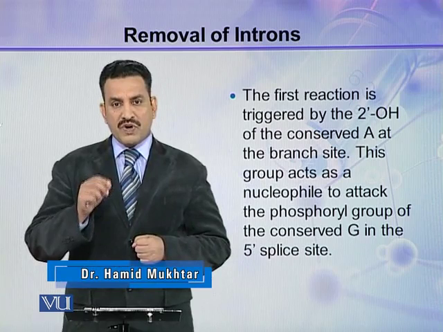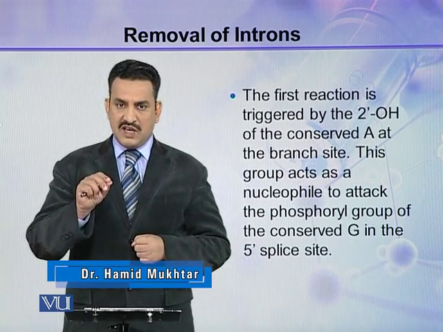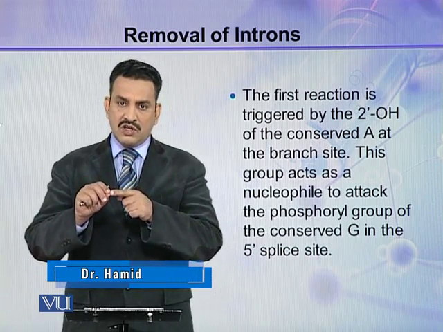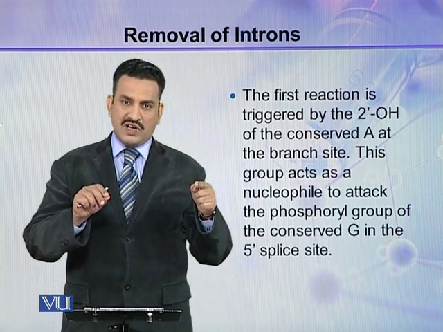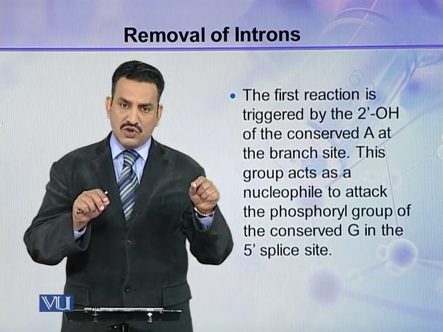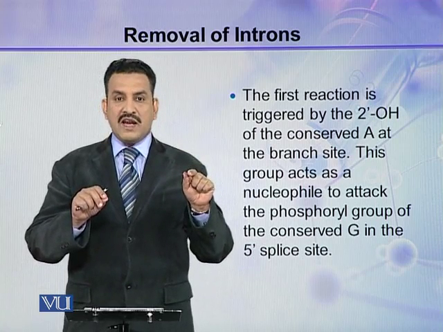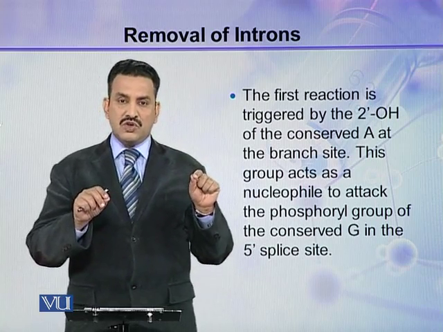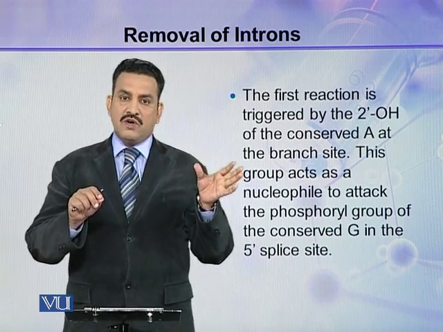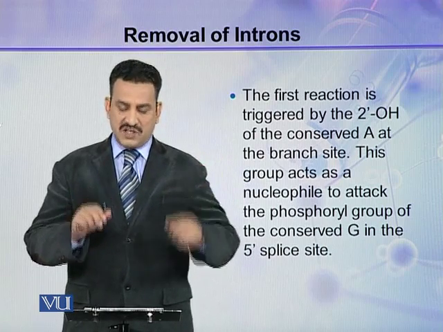So the 2' OH of this A attacks the G nucleotide, and in the G nucleotide it actually attacks the phosphoryl group, and this G nucleotide is present at the 5' splice site.